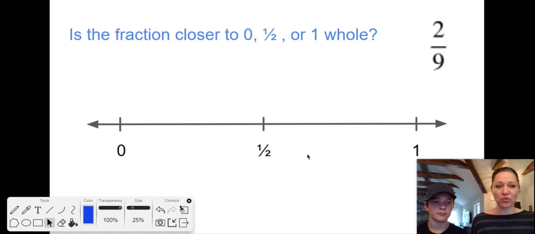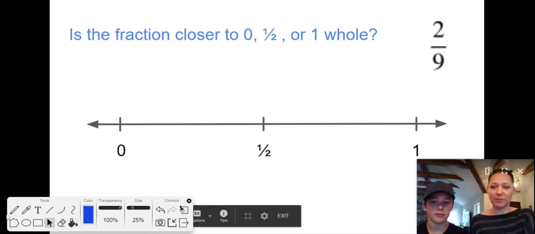Last one. 2/9. Go ahead and take some time to think about that one. Well, since we can't really split it up into a super high thing, I think that we should just split it up into nines. Try and visualize like 9 parts in here. Yes.